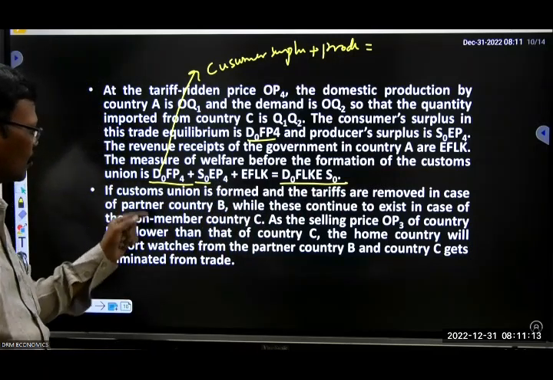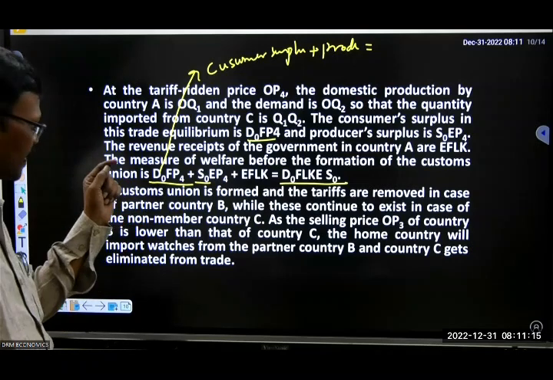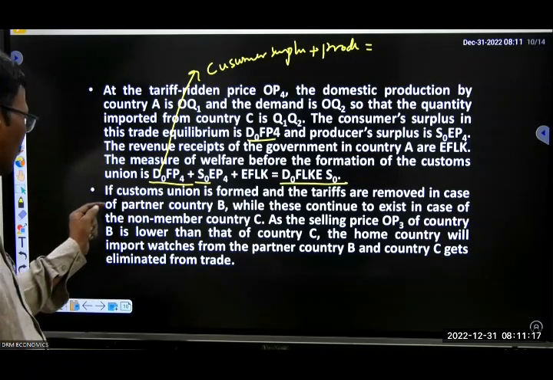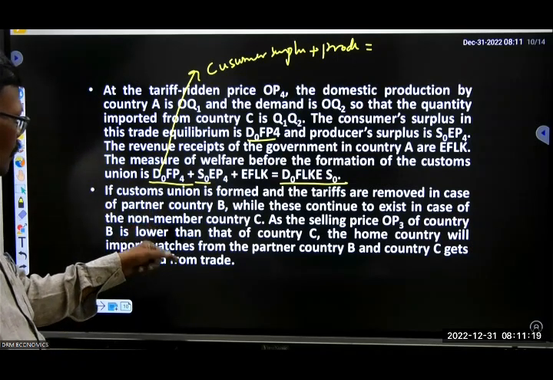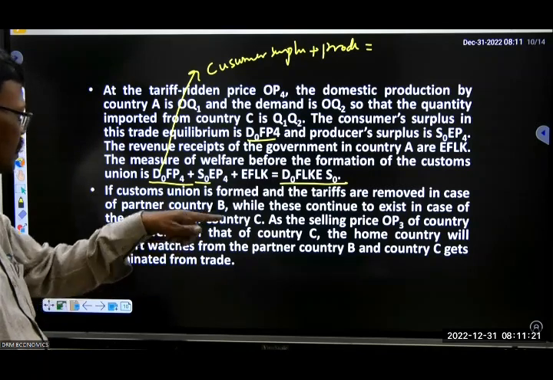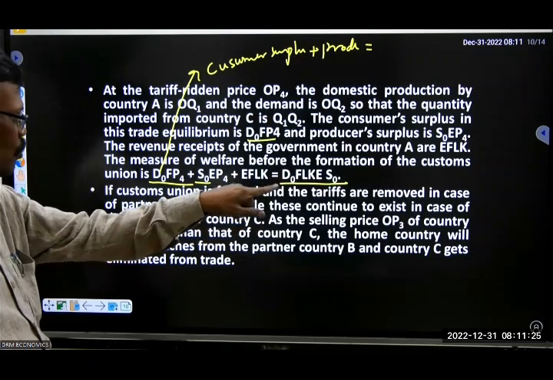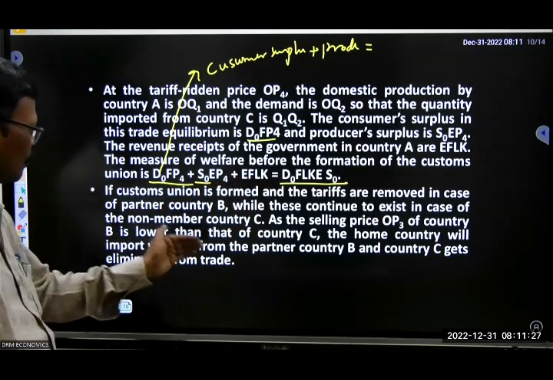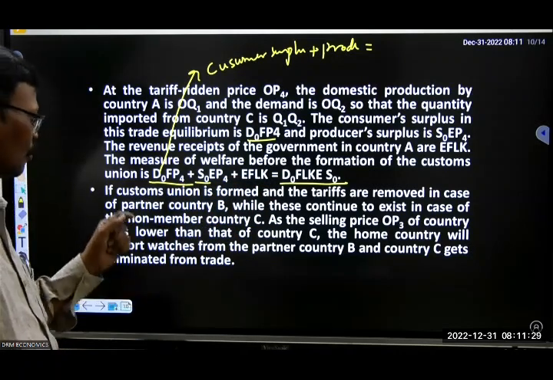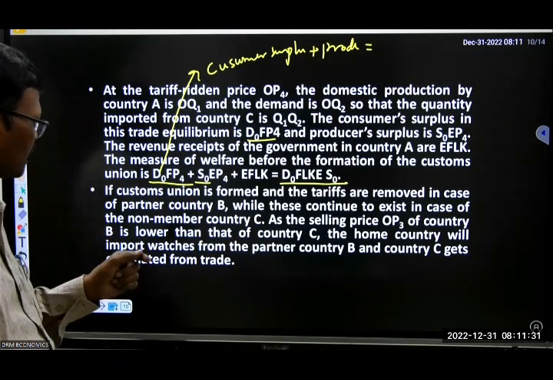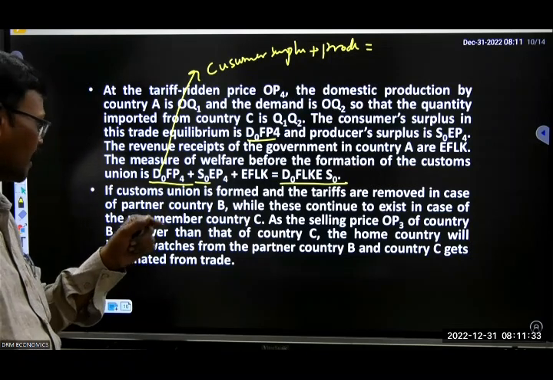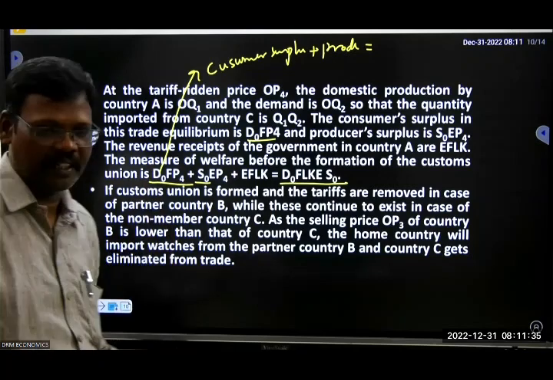If the customs union is formed and the tariffs are removed in the case of the partner country B, while they continue to exist in the case of the non-member country C, as the selling price OP2 of country B is lower than that of country C, the home country will import from the partner country B and country C gets eliminated from the trade.